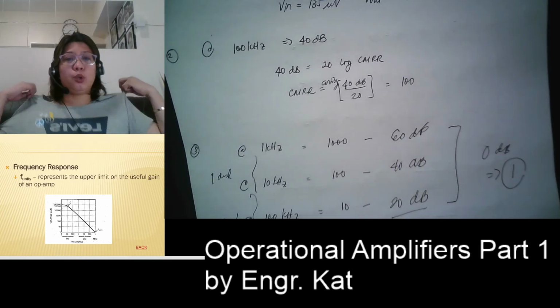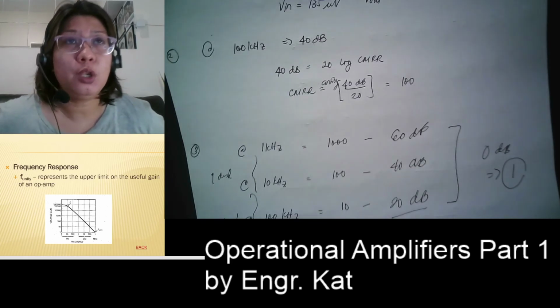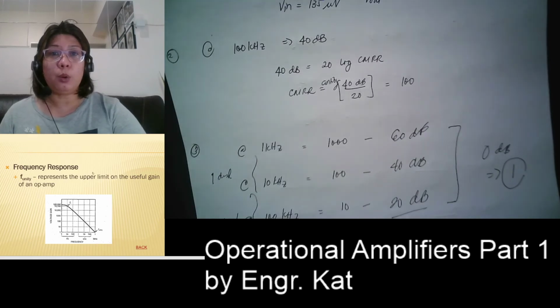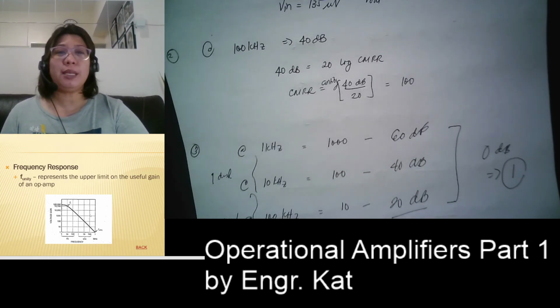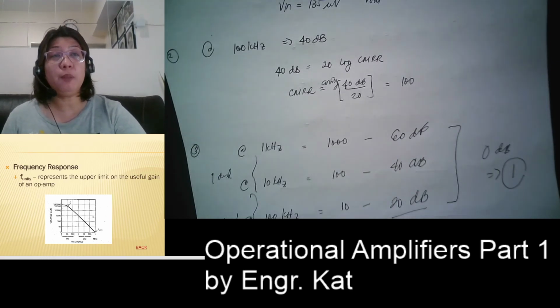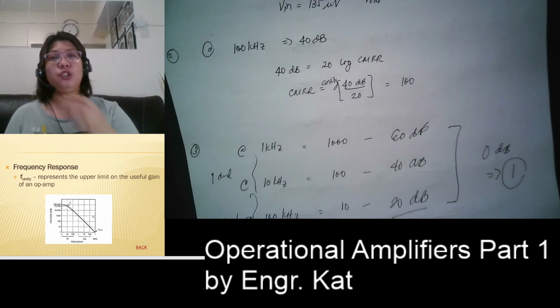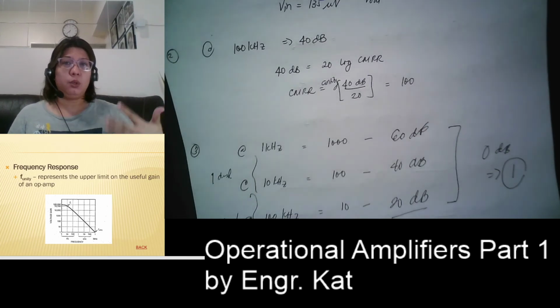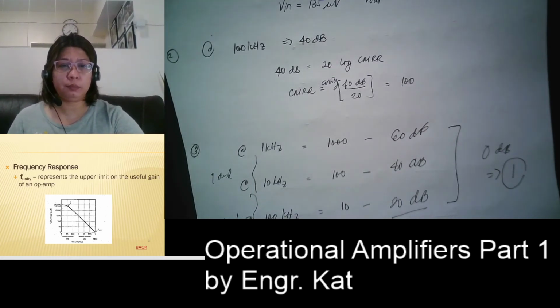That is why it is called the unity frequency. So your gain there is equivalent to 1. Your input is not amplified or attenuated; your output is just equivalent to your input. It neither increases nor decreases. Okay?